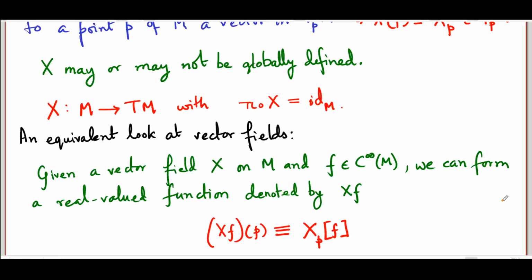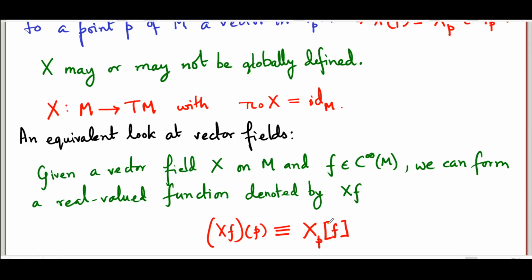So because you want Xf to be a function on the manifold, something which takes in a point in the manifold and gives you a number, the most obvious and indeed the only relevant way of defining it would be in the following manner. Xf at point P is defined to be X at the point P, X_P, this tangent vector, given f as an argument.